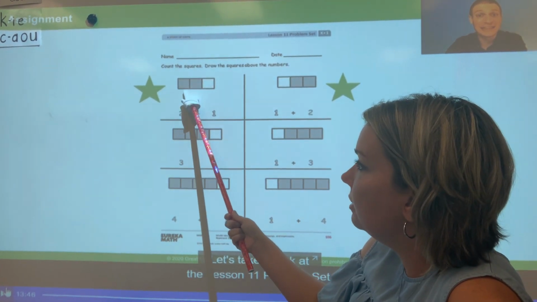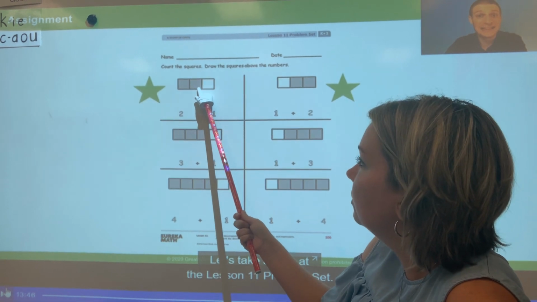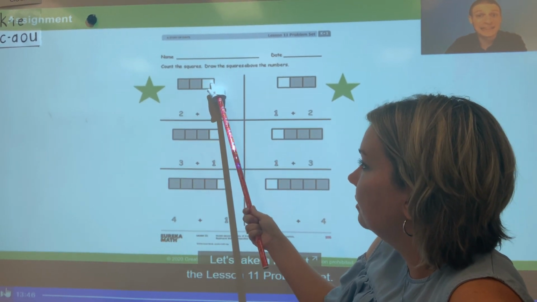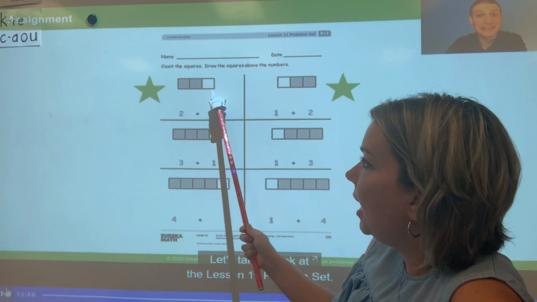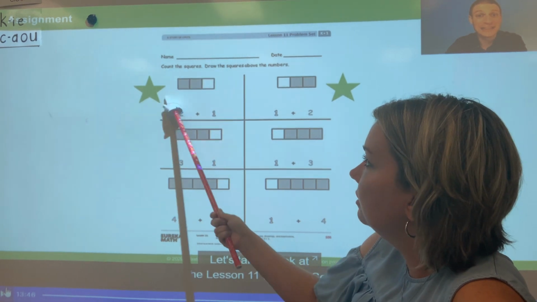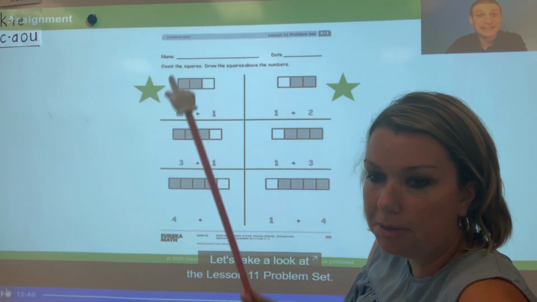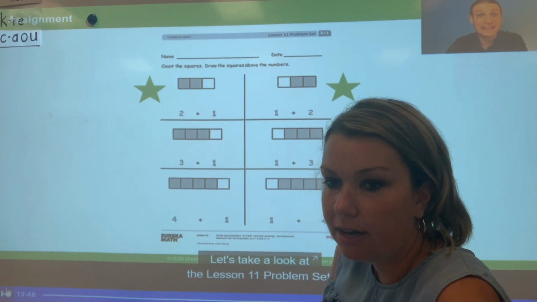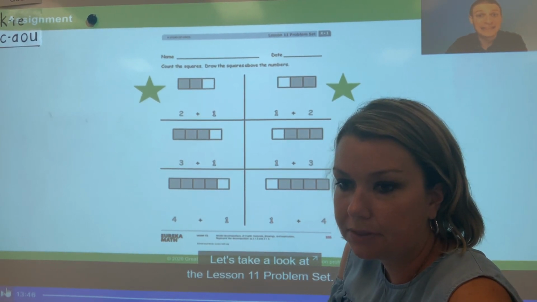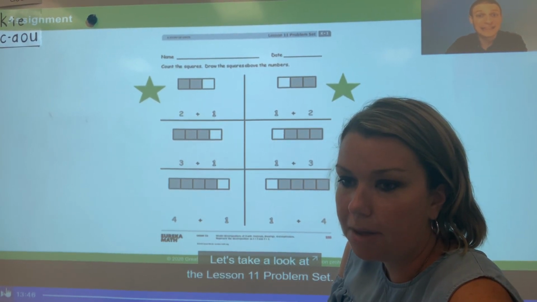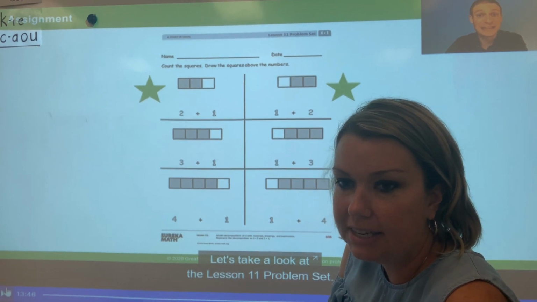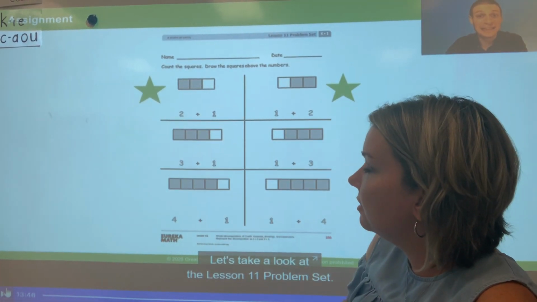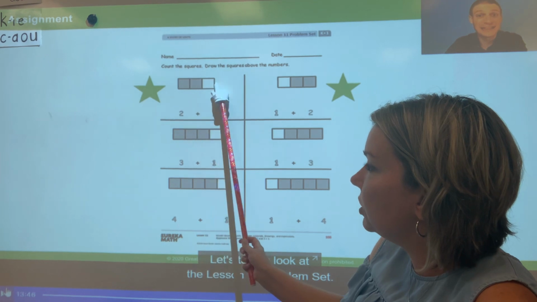1, 2, 3, how many squares are there? Show me with your fingers. How many squares? Good job, Edison. Good job, Leslie. There's 3. We counted 1, 2, 3.